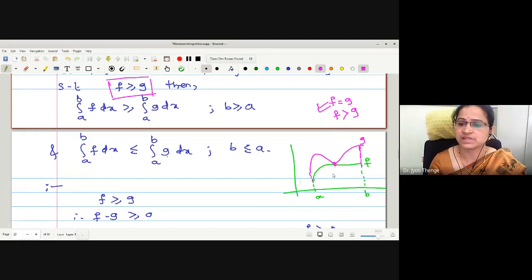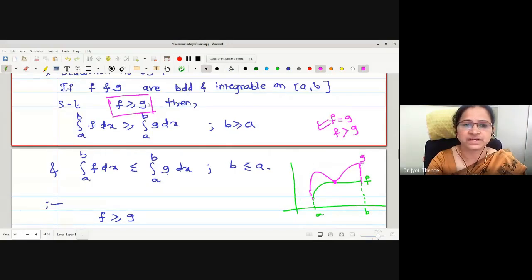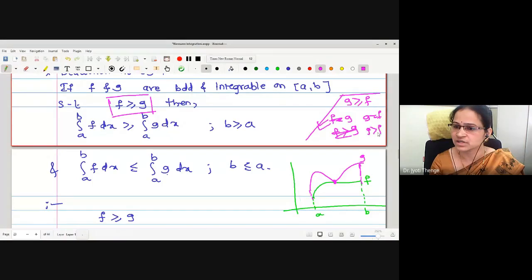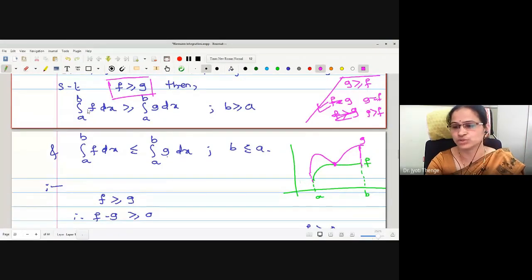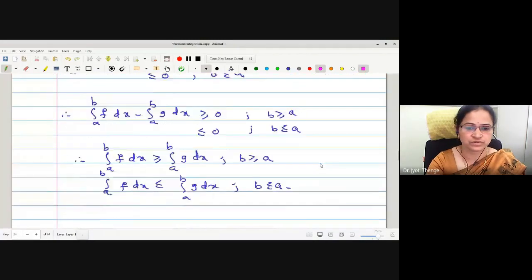Sorry, I told you by assuming g is greater than or equal to f. I have taken g greater than or equal to f. But there is no issue among the integrations.